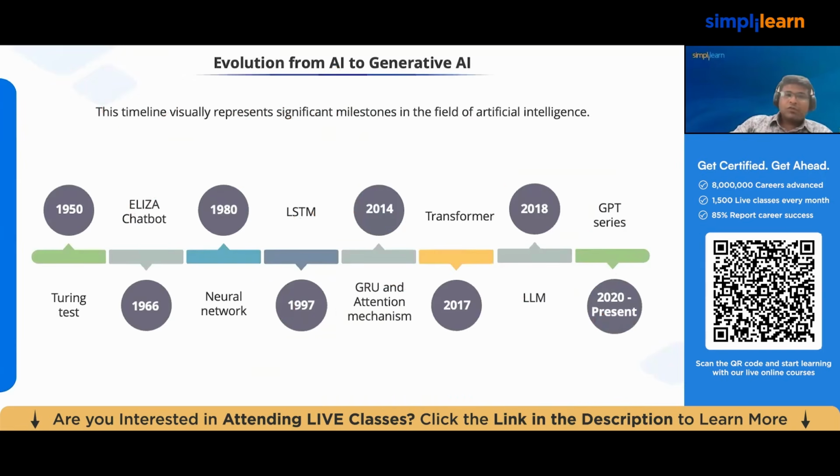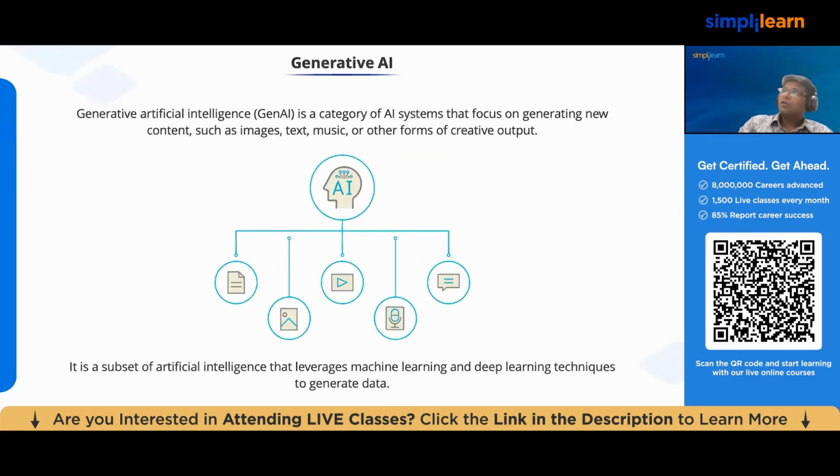So basically this was the evolution from AI to generative AI. Now, as I already told you, and as one of the students pointed out, generative AI is basically generating new content such as images, text, music, or other forms of creative output.